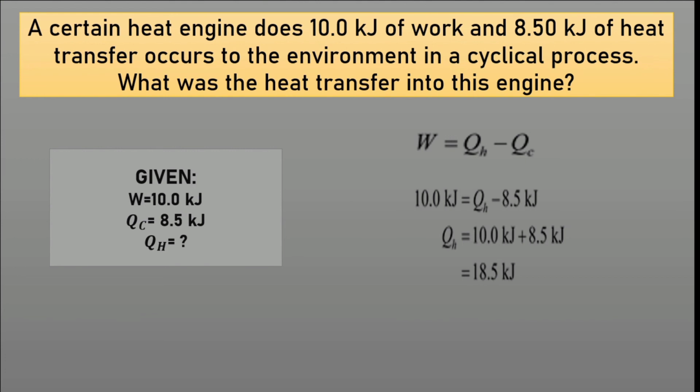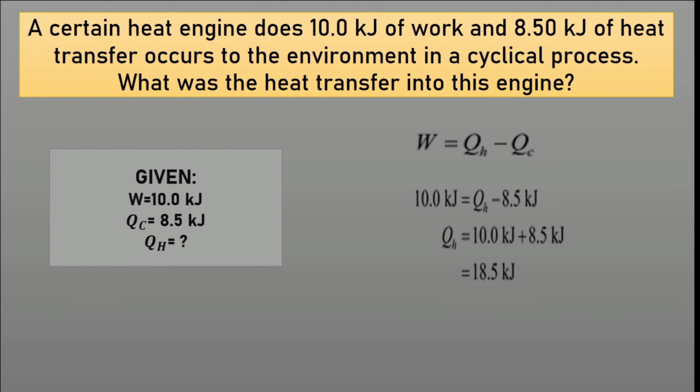So exercise number 1. A certain heat engine does 10 kJ of work and 8.50 kJ of heat transfer occurs to the environment in a cyclical process. What was the heat transfer to this engine?